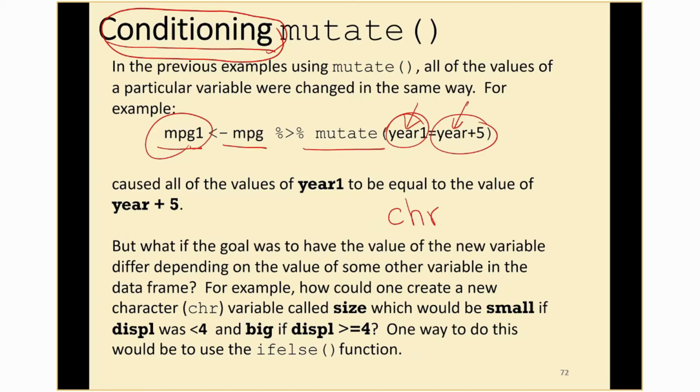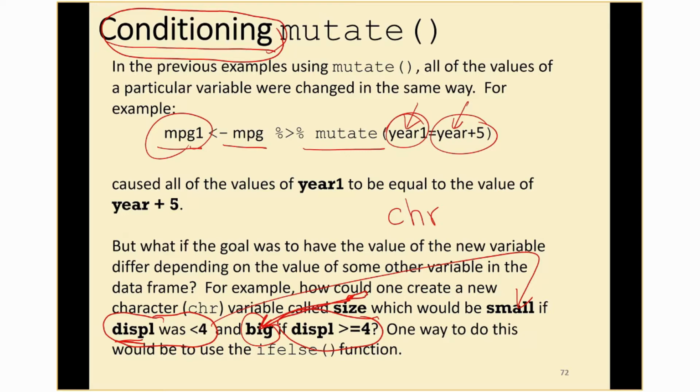the value of displacement. So if displacement is less than 4, then I want the value of the variable size to be the word small. Alternatively, if the displacement is greater or equal to 4, then I want the value of the variable size to be equal to the word big.